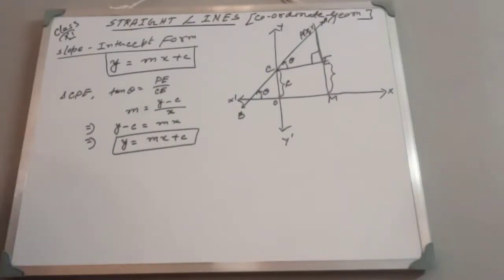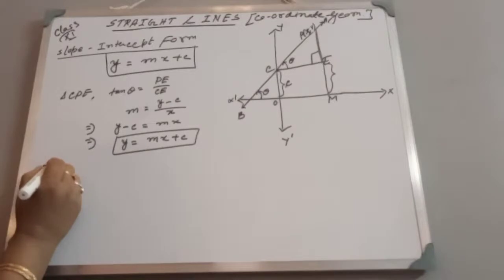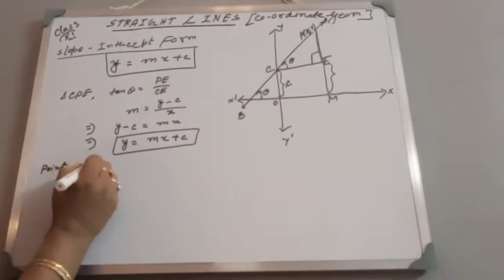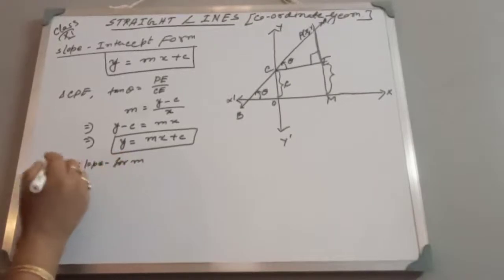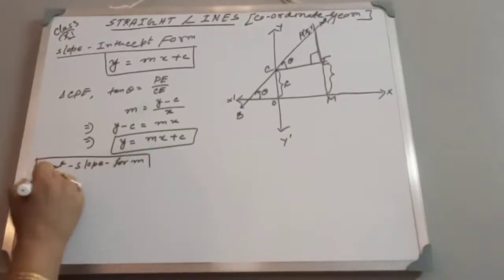Okay, next is the point slope form. What is the point slope form? Now all these forms we have to remember.